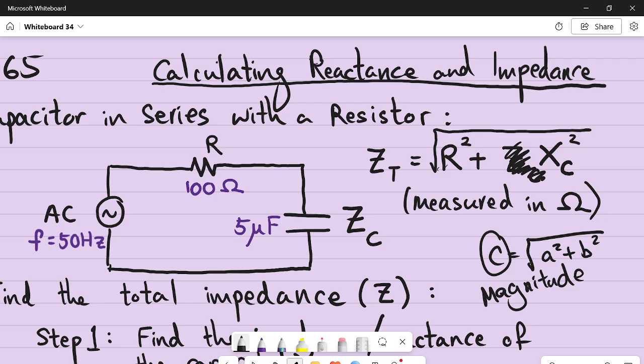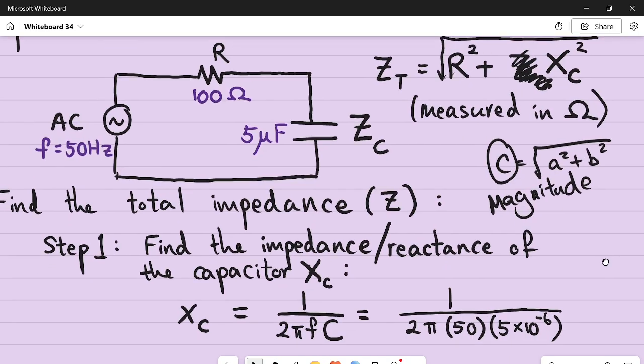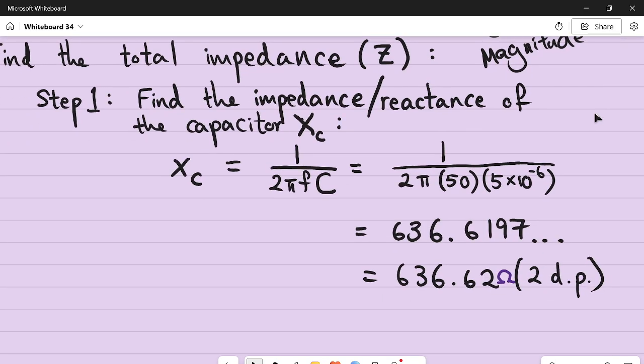Yeah, it is. You see, so root of XC squared plus R squared. Okay. So now take that. It's the same one as the last page.